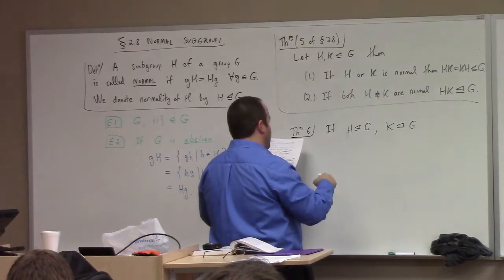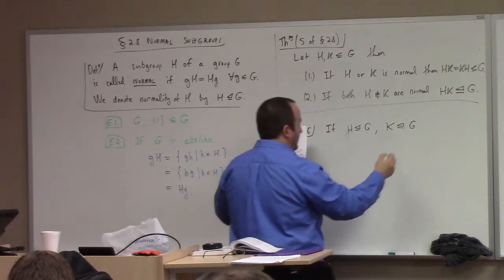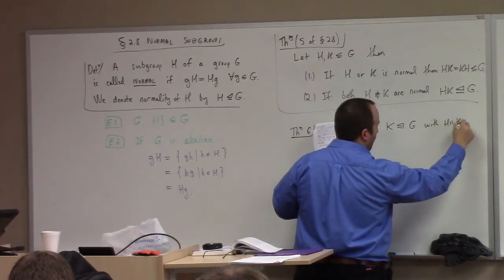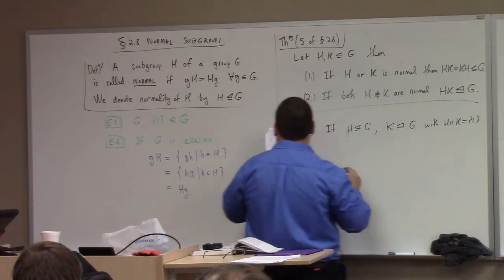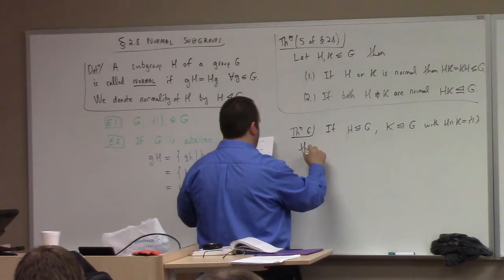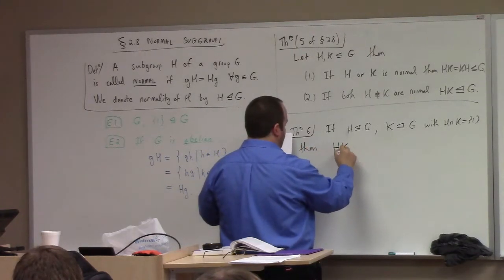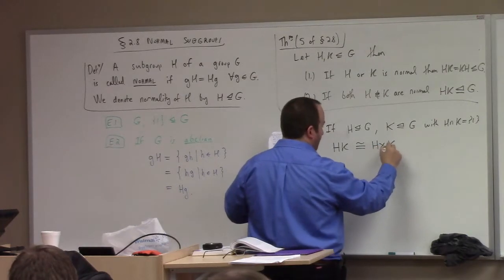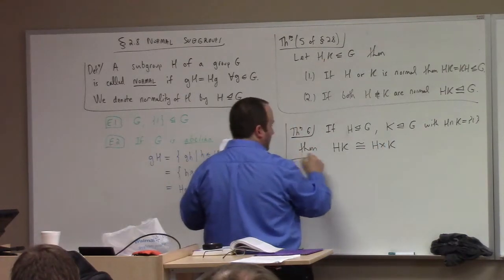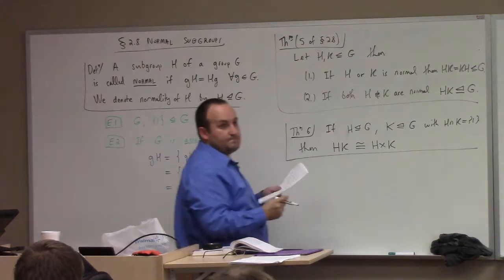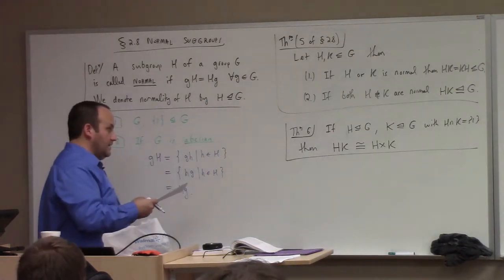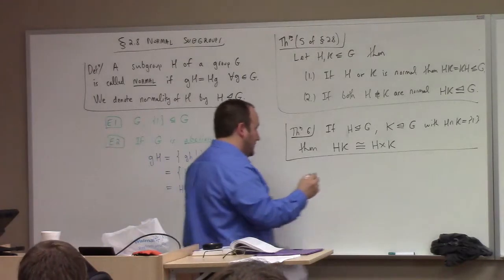H is a normal subgroup of G, and K is a normal subgroup of G with trivial intersection, all right? Then look at this. HK is isomorphic to H cross K, where that's the Cartesian product of the subgroups.